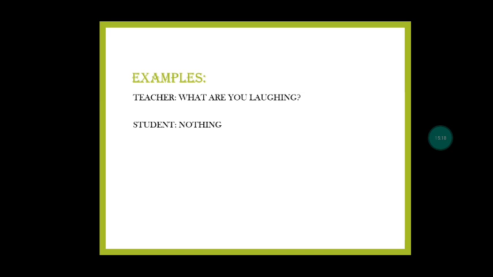For example, teacher: "What are you laughing at?" Student answers: "Nothing." So, this is between teacher and student. This conversation takes place in the room during the learning process.